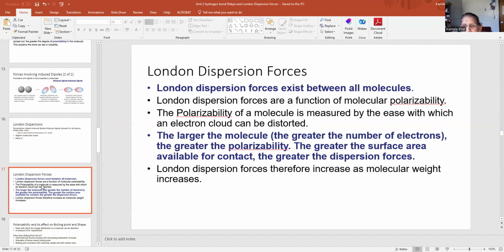The polarizability of a molecule is measured by the ease with which an electron cloud can be distorted. The larger the molecule, the greater the number of electrons, the greater the polarizability, the greater the surface area available for contact, and the greater the dispersion forces. London dispersion forces therefore increase as molecular weight increases.